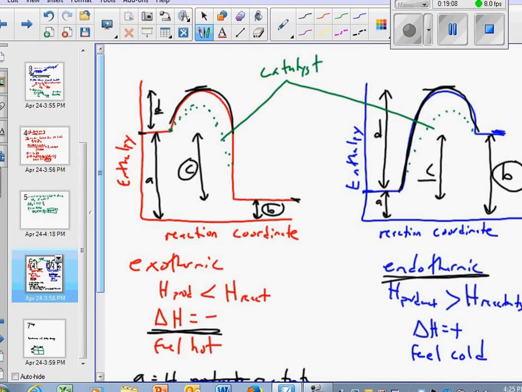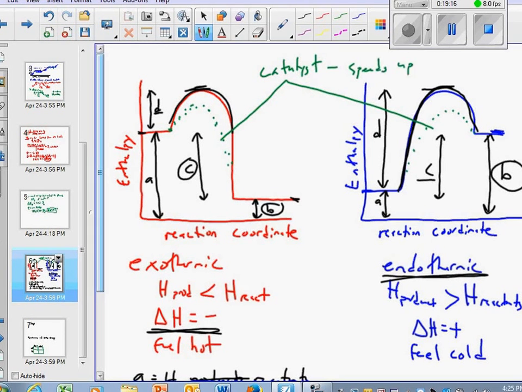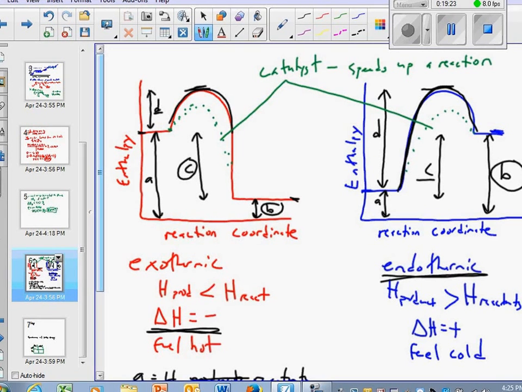You guys learned in biology that a catalyst is something that speeds up a reaction. That is still true. The addition for chemistry is we're going to tell you how. It speeds up a reaction by lowering the activation energy.